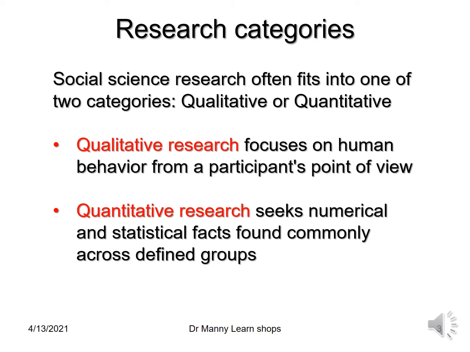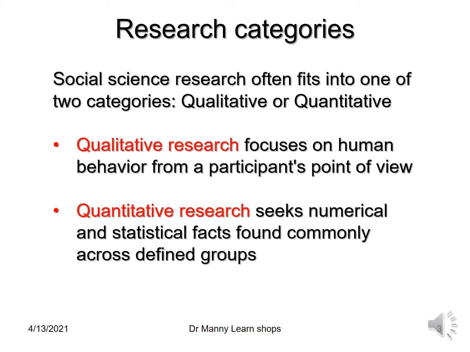In quantitative research, this seeks a numerical or a statistical fact which is commonly found across a large, randomized, defined group, which is essential as well from a research point of view.